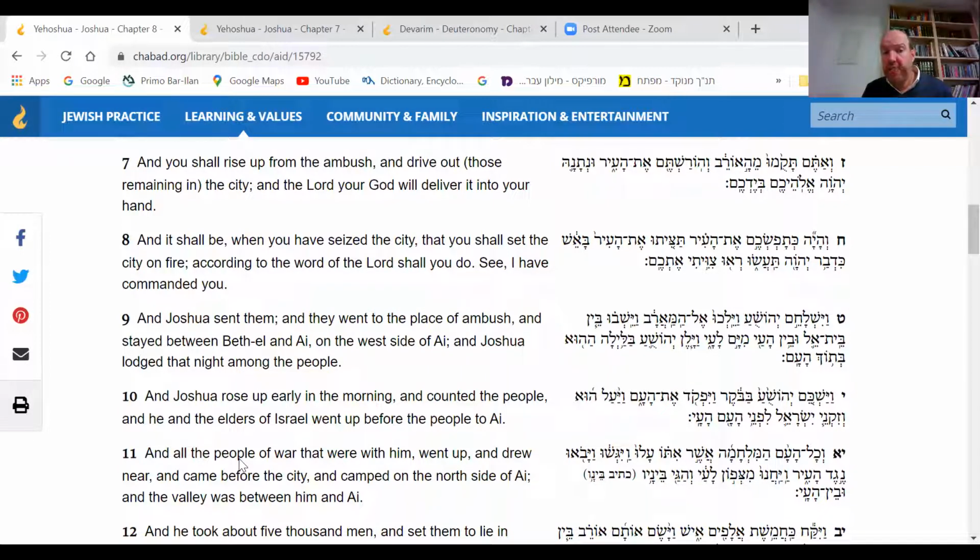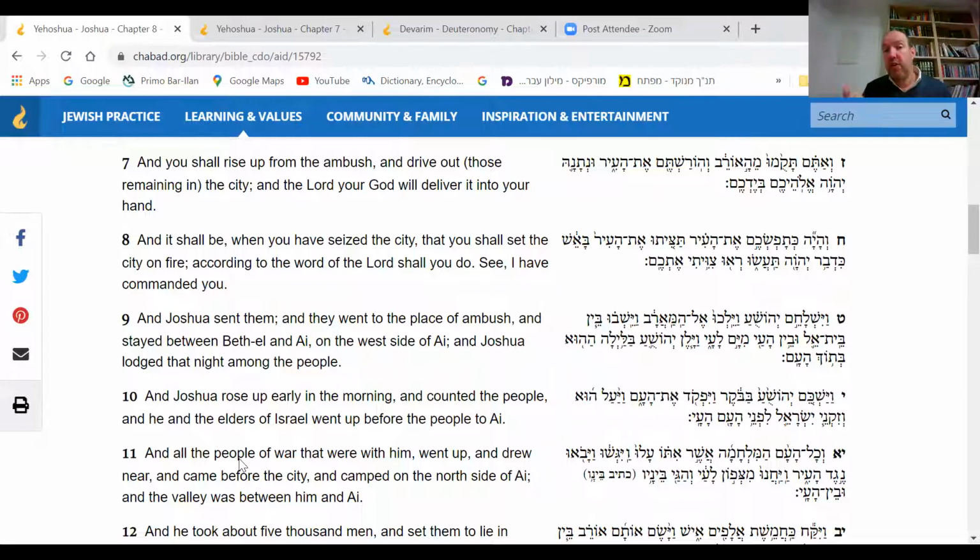And Joshua sent them, and they went to the place of ambush and stayed between Bethel and Ai, on the west side of Ai. And Joshua lodged that night among the people. So the ambush basically advances beforehand. And remember that Joshua is infiltrating from the east.